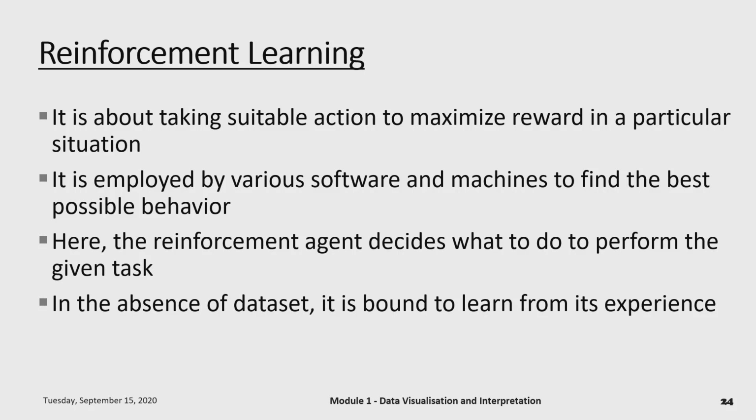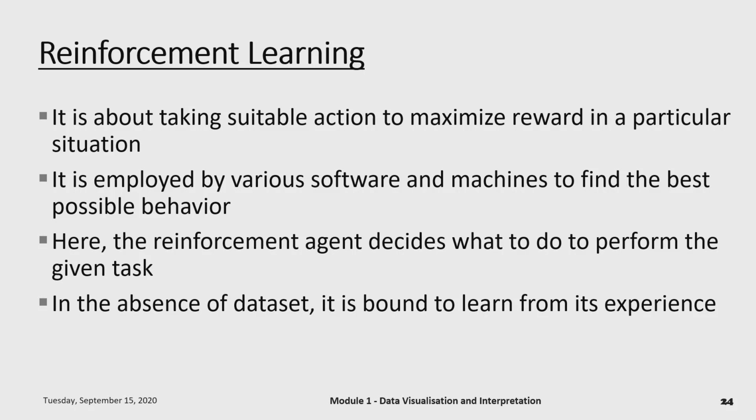Now, the last part of machine learning: we have seen three different categories, supervised, unsupervised, and reinforcement. So we're going to see what reinforcement learning is. It is about taking suitable actions to maximize your reward in a particular situation.